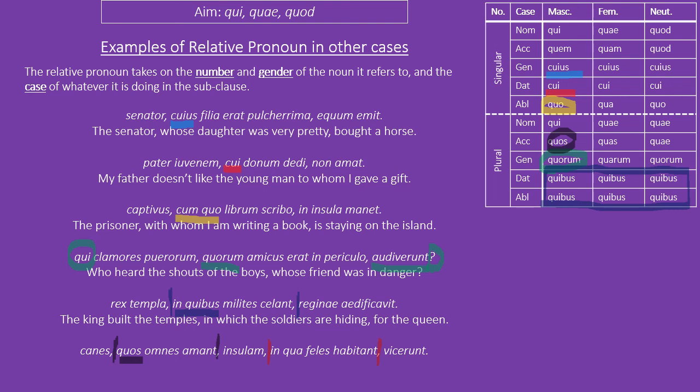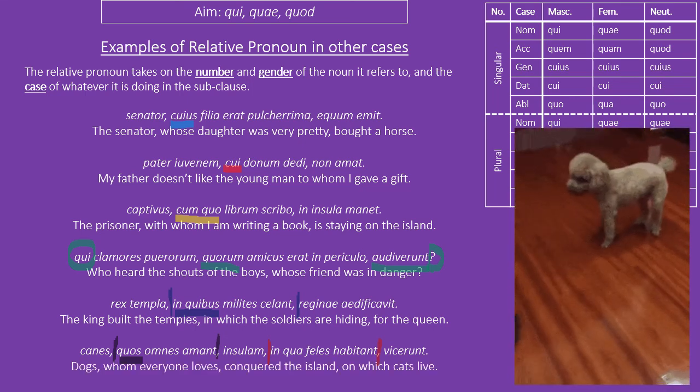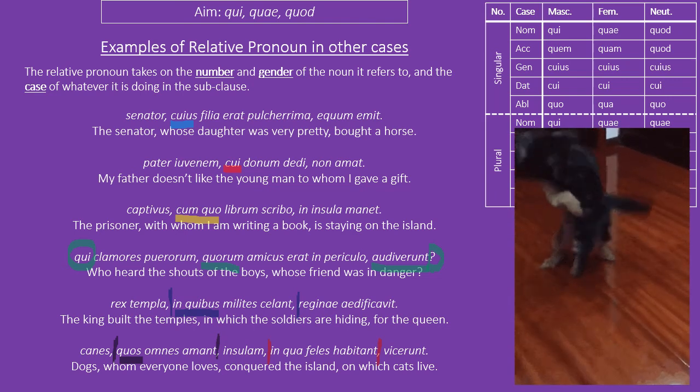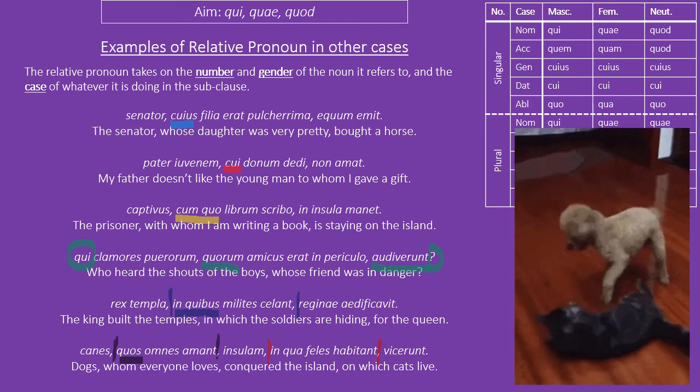Well, quae only comes up once, and it must be ablative, and there's in front of it again, making our life easier, so we know it's in which. Felis, actually to be fair, that one isn't on the GCSE vocab list. Felis means cat. We get words like feline from it. So, the island in which the cats habitant, in which the cats live, or on which the cats live. And you can see on the right there a dramatisation of the dogs conquering said island, colorized.